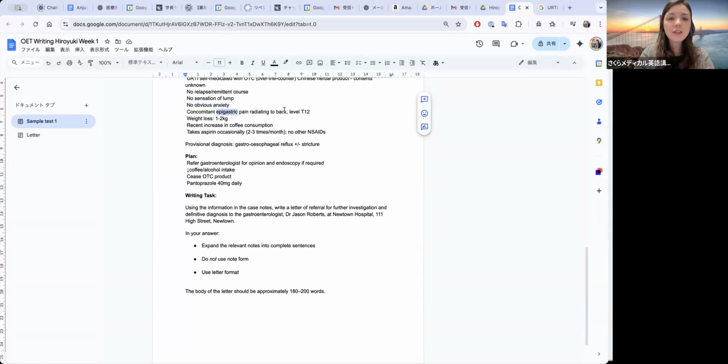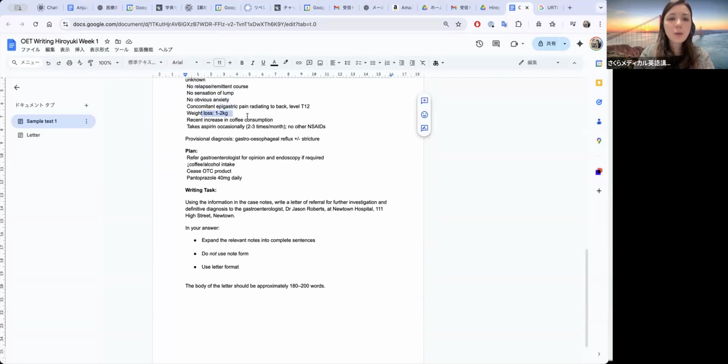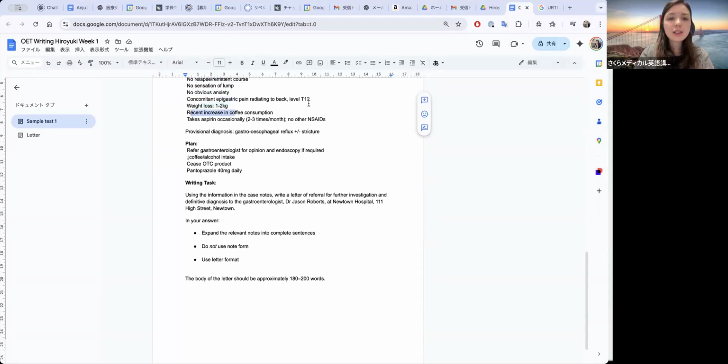epigastric pain radiating to the back at level T12, weight loss of about 1 to 2 kilograms, recent increase in coffee consumption, takes aspirin occasionally 2 to 3 times a month, no other NSAIDs. Provisional diagnosis: gastroesophageal reflux, plus or minus stricture.